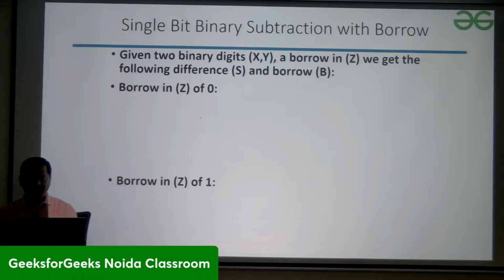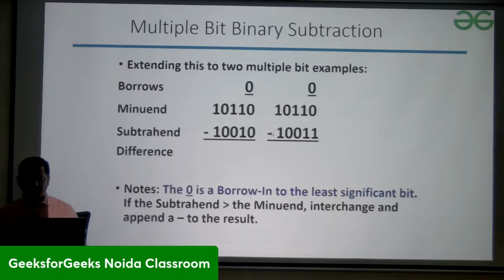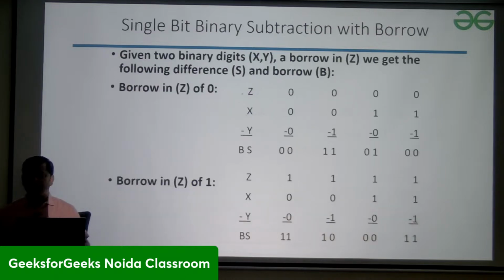So in both the cases, just look at the example that borrow is considered as 0 in the first case, and in that particular case we can have the simple subtraction 1 minus 1 is going to be 0. So subtraction result is going to be 0 with borrow 0. Okay, 1 minus 0, then subtraction result is 1 and borrow is 0.